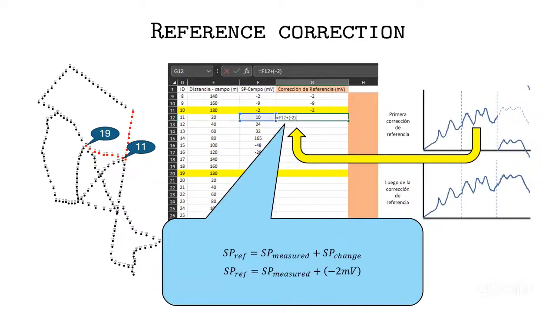It's necessary to add the value of the change of electrode to the next section using the formula. The formula is SP ref equals SP measure plus SP change value. The value of the last change is minus 2 millivolts.